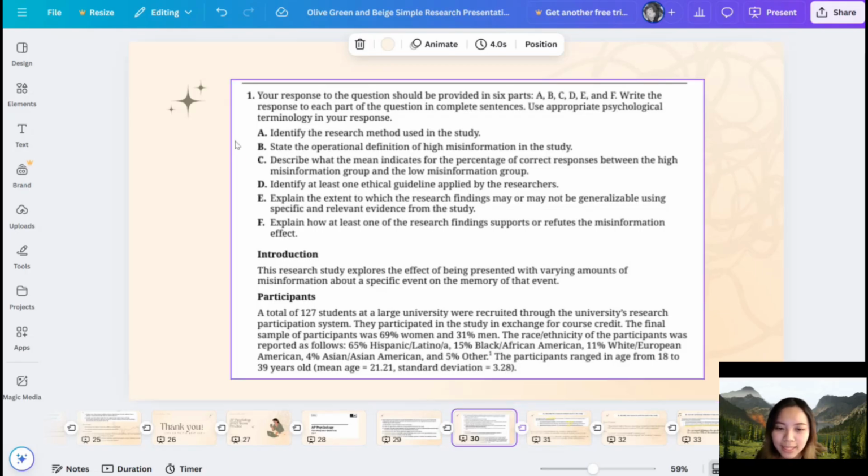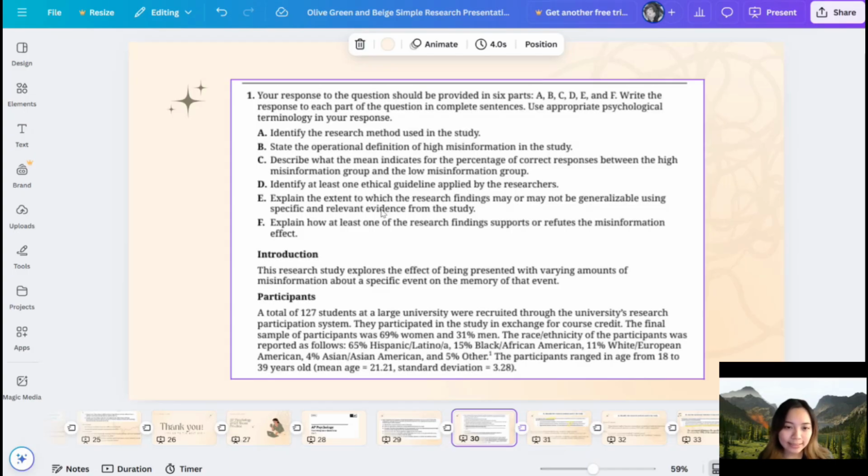This is not important. The final sample of participants was 69% women and 31% men. The race and ethnicity of the participants were reported as follows: 65% Hispanic or Latina, 15% Black or African American, 11% White or European American, 4% Asian American, and 5% others.